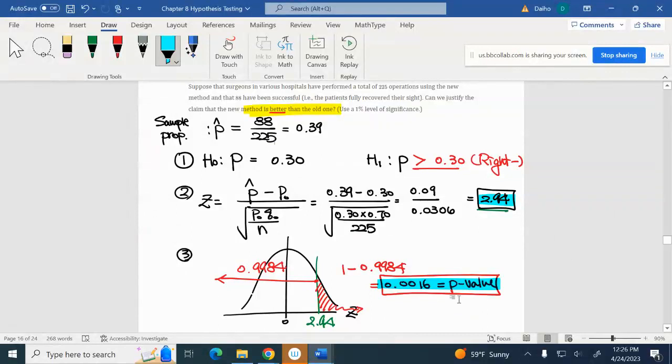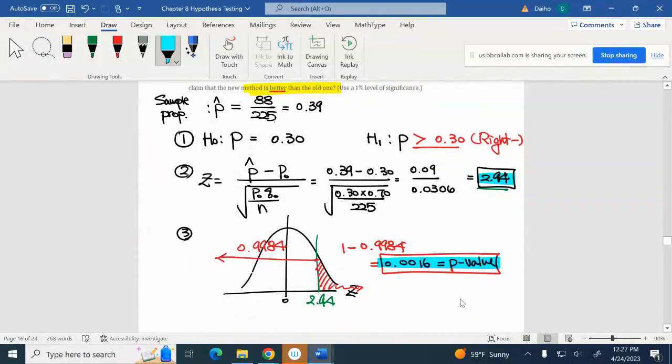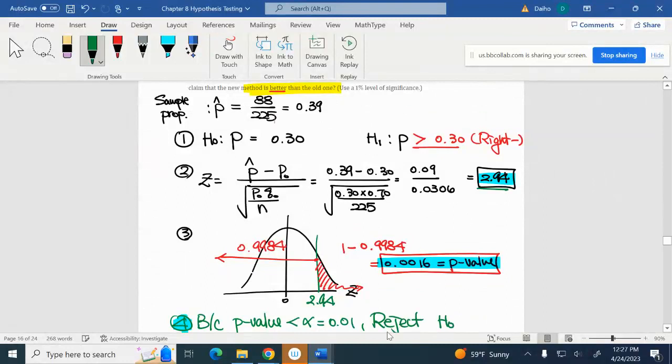So now step 4. Because the p-value is less than alpha, which was 1%, then reject H0.